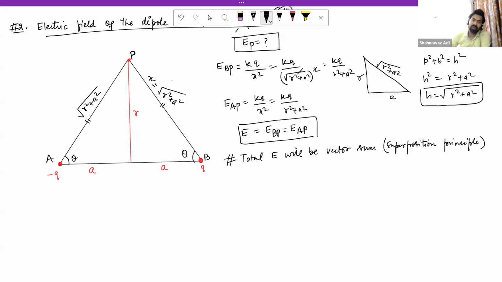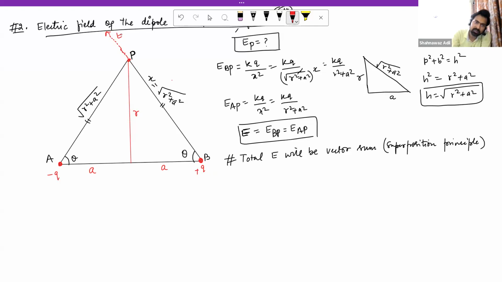So now we have to find out the direction of all these electric fields. We know that the magnitudes of both electric fields are the same. Now let us find out the direction. This one is positive, so the electric field would be in this direction, away from it.